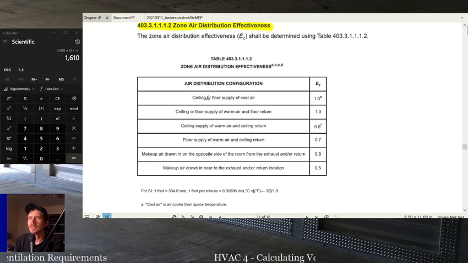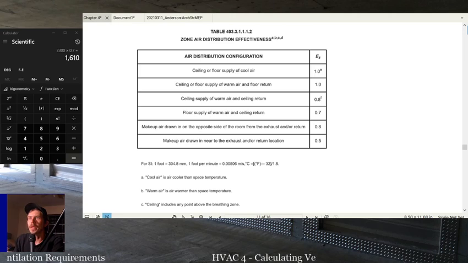So if you have a ceiling or floor supply of cool air, then its effectiveness is 1, which means it's 100% effective, so you're good, right? A ceiling or floor supply of warm air and a floor return is 1. It's 100% effective. A ceiling supply of warm air with a ceiling return is 0.8, so it's only 80% effective.